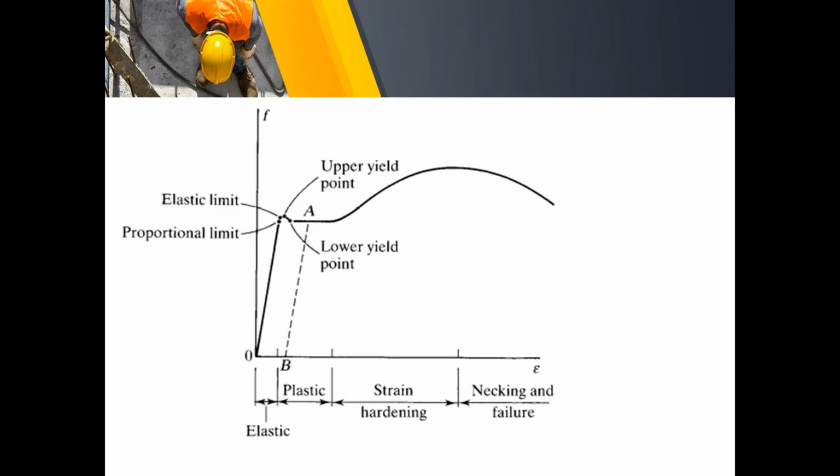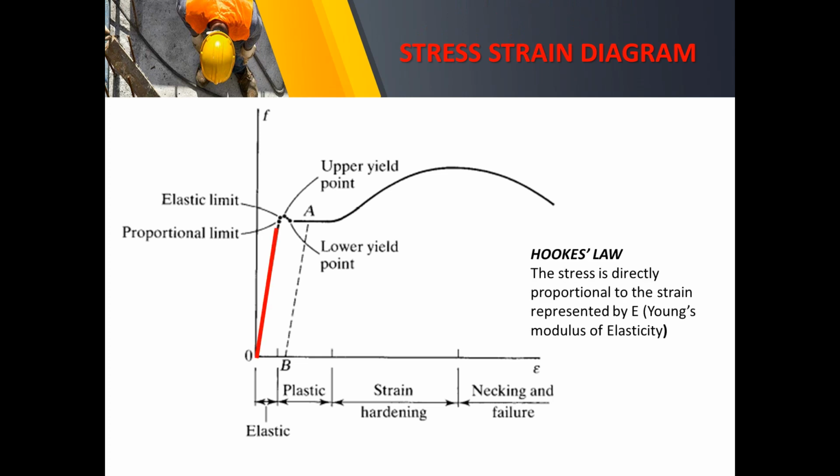Okay, so to summarize that concept, the relationship will come in four stages. First, we have the elastic, the plastic, and the strain hardening, and finally the necking and the failure. The first stage is the elastic limit. Within this elastic limit, Hooke's law applies. Of course, Hooke's law is the ratio of the stress to the strain.